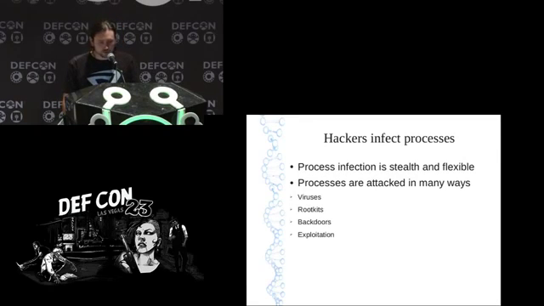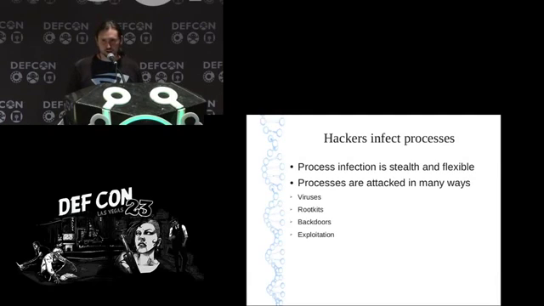So it's no secret that hackers have been infecting processes for a long time. So of course you have hackers infecting kernel memory, kernel rootkits, but there are a lot of hackers who infect processes. And there's not a whole lot of automated stuff to detect this. I can think of a few cases from the last couple years in particular, but these processes can get infected. And it's stealthy.